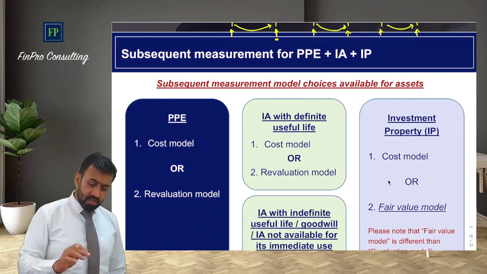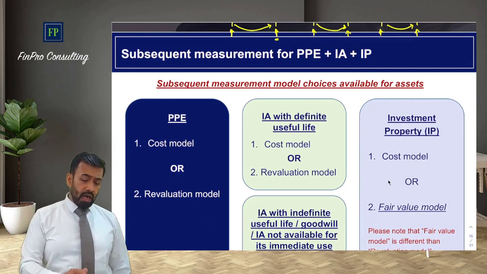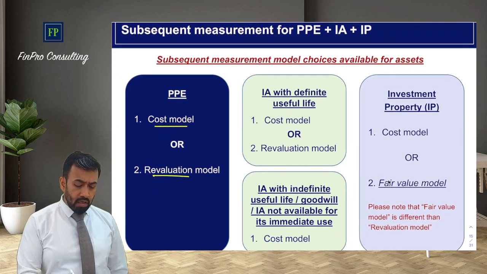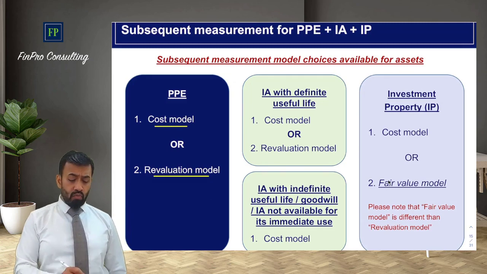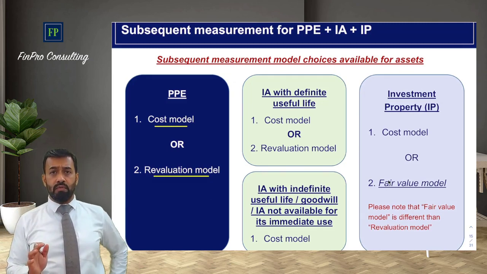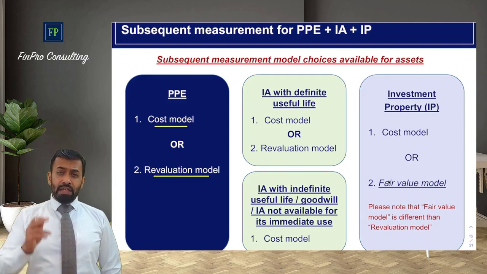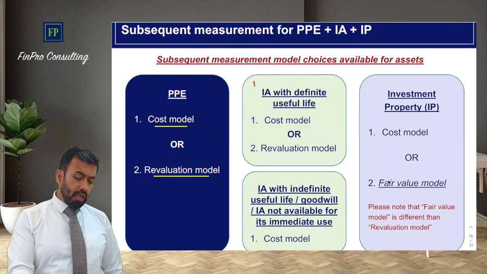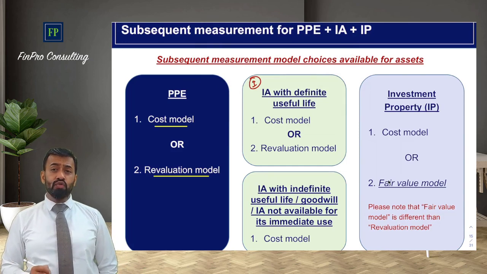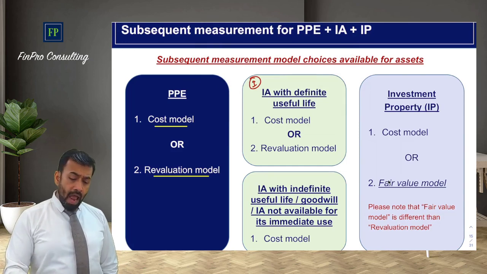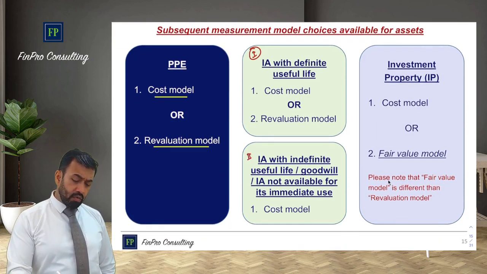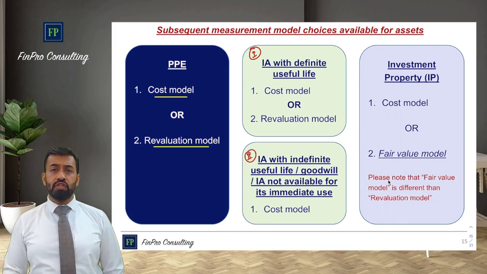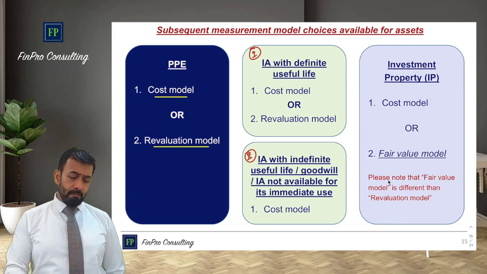First, for property, plant and equipment, there are two models available. One is a cost model, other is a revaluation model. We are going to see what is cost model, what is revaluation model. Intangible assets are bifurcated into two sections. One is intangible assets with definite useful life, and another is intangible assets with indefinite useful life, or goodwill, or intangible assets which are not immediately available for use.